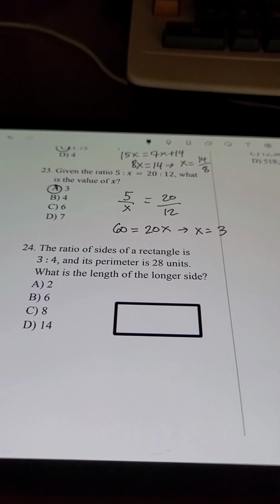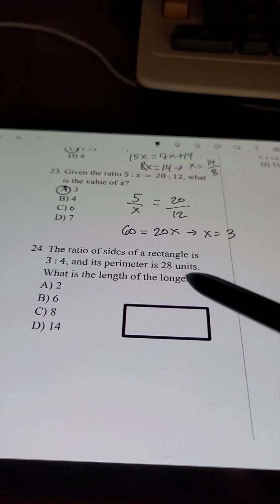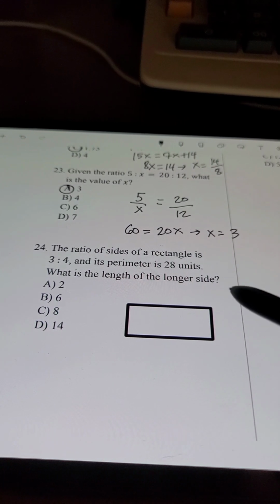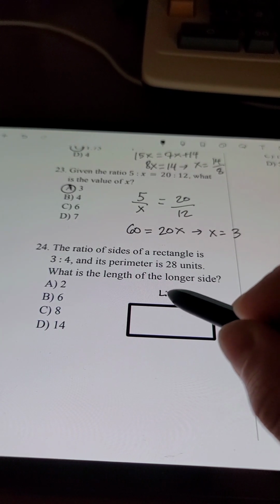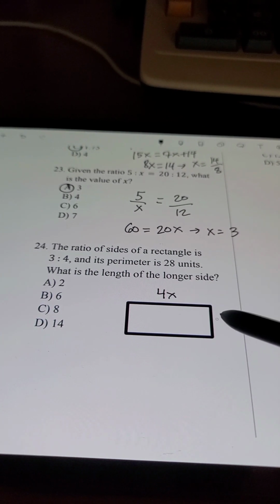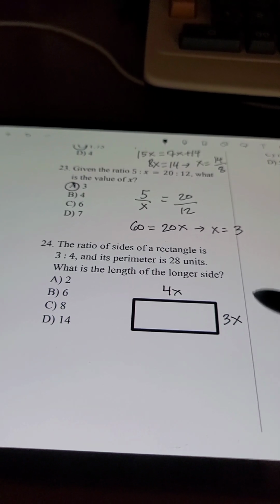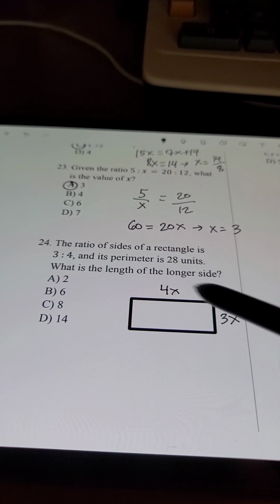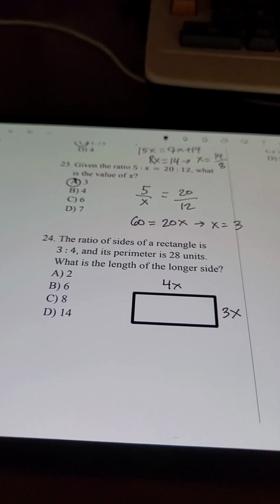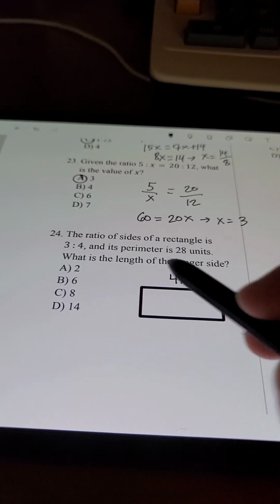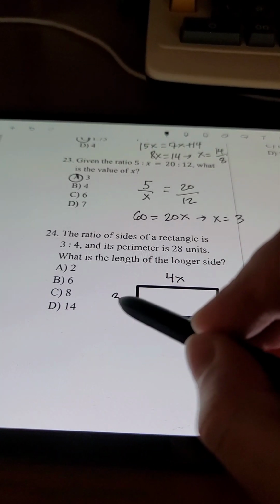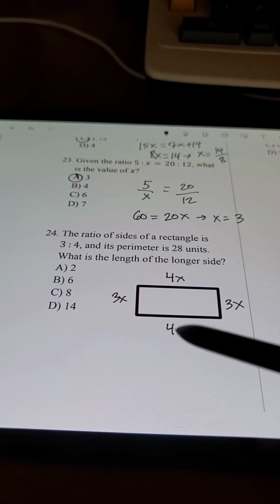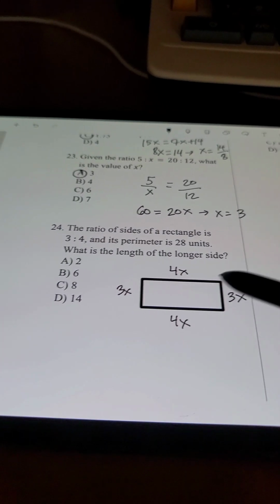Okay, so let's label this rectangle. So the ratio of the side lengths is going to be 3x to 4x. So we're going to have 4x for the longer side and 3x for the shorter side. And then x is just that greatest common factor that they're dividing by to get that ratio. And the perimeter is going to be 28 units. So perimeter is when you add up all the side lengths.